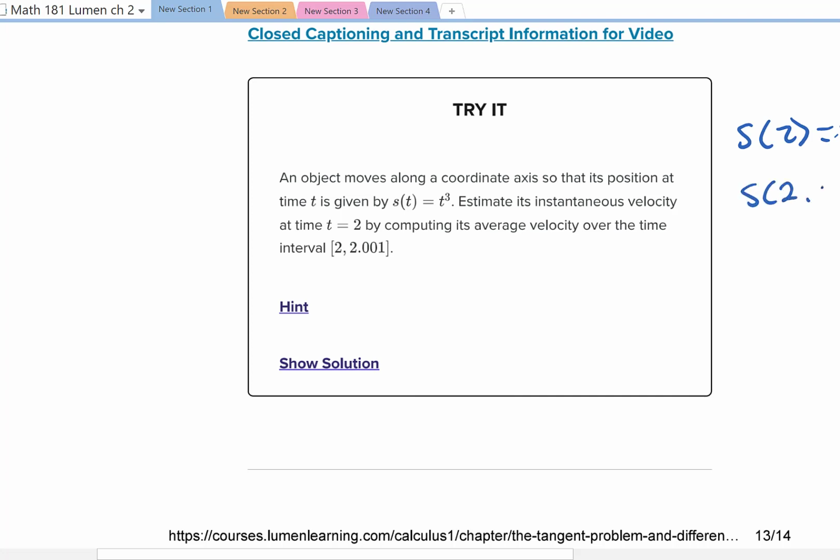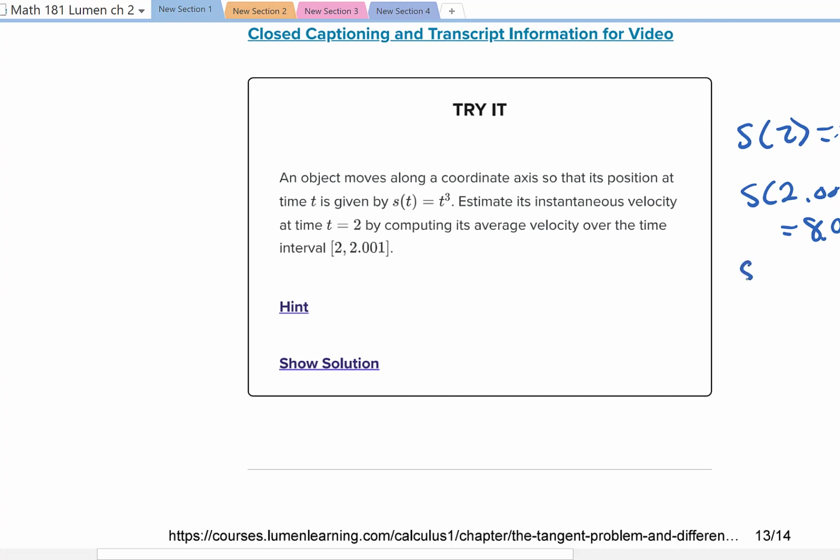s of 2.001 is 2.001 cubed, which is 8.012006001.